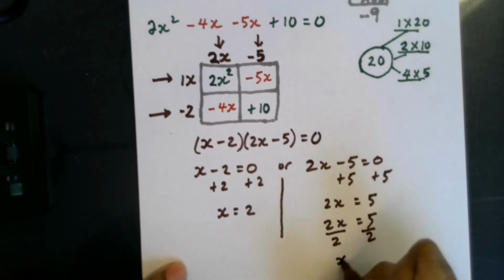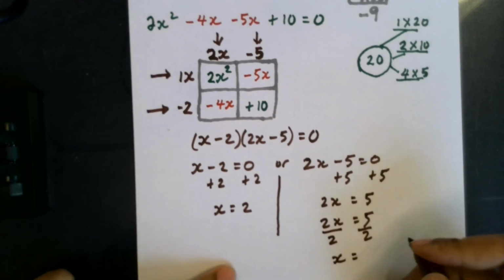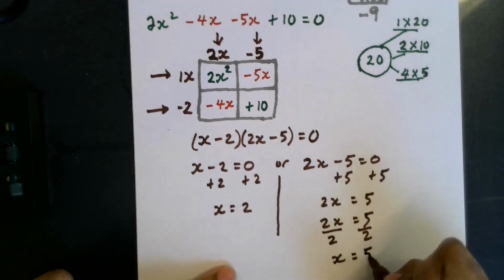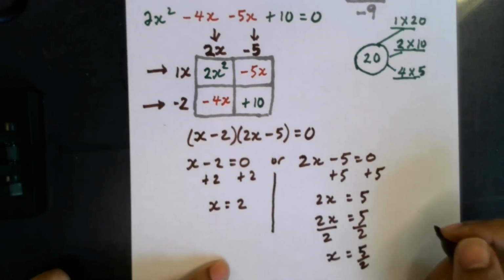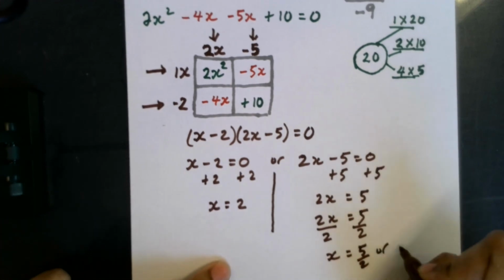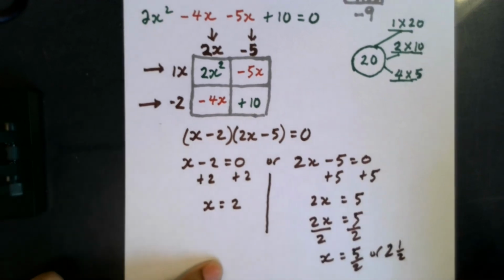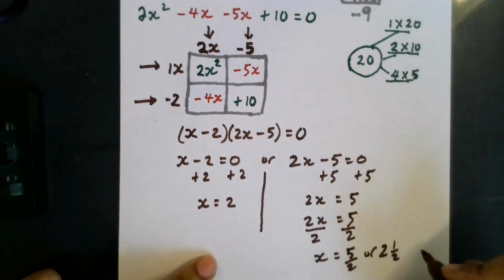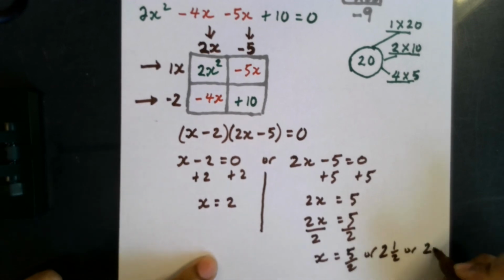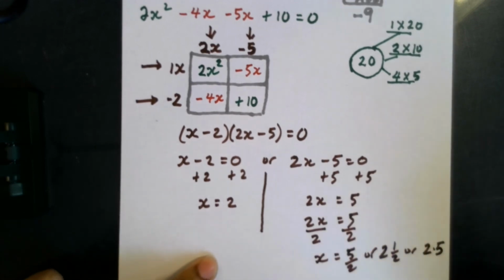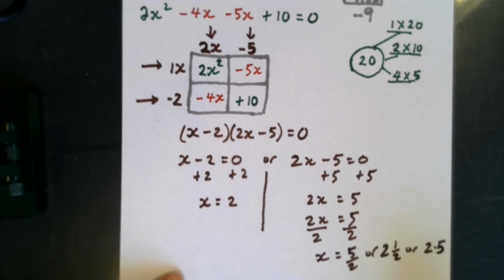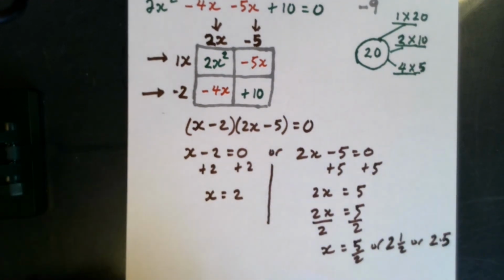So x is equal to 5 halves, or 2.5, or as a decimal, 2.5. Alright, so we have two answers.